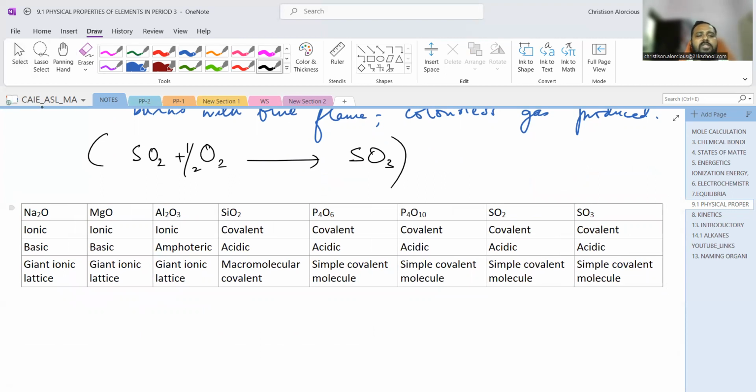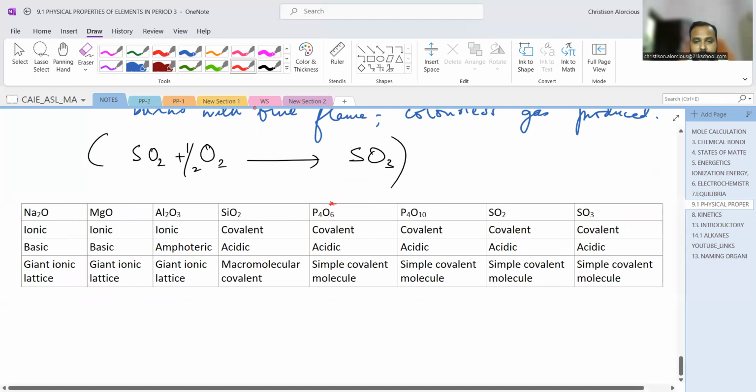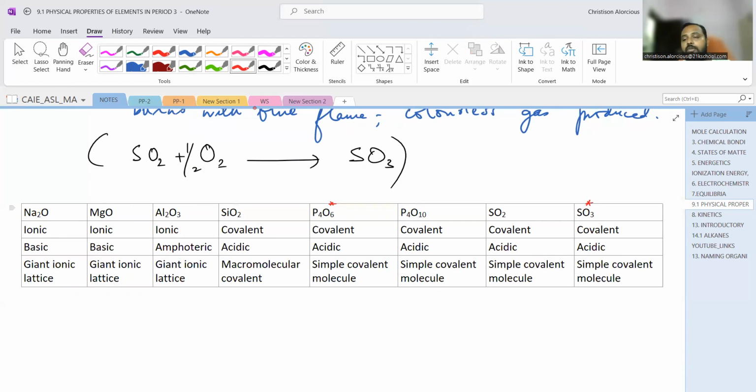There's sodium oxide, magnesium oxide, aluminum oxide, silicon dioxide, also called silica. There is P4O6, which is not included directly in your syllabus. There's also SO3, which is not directly included in your syllabus in this list.